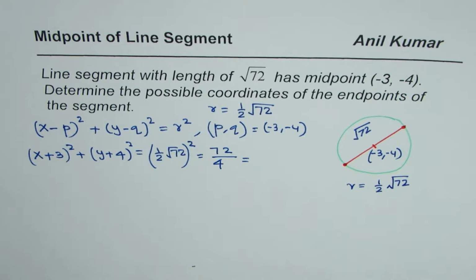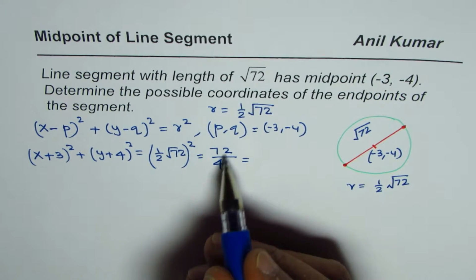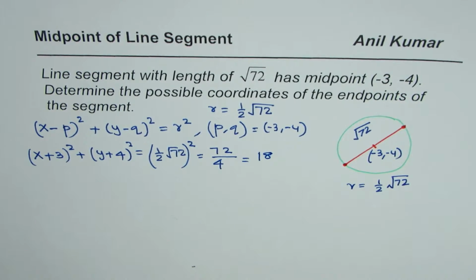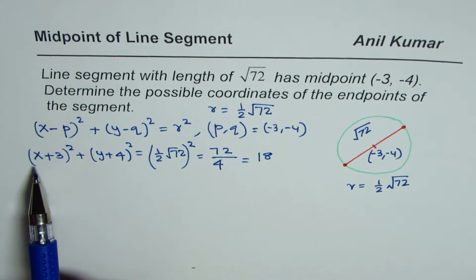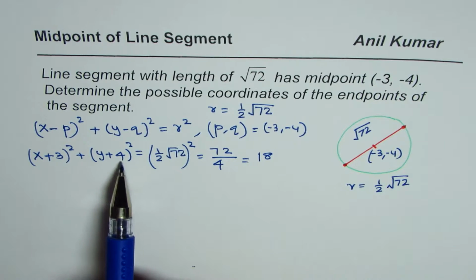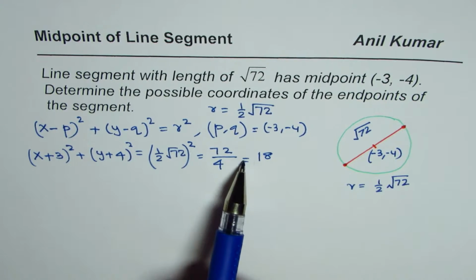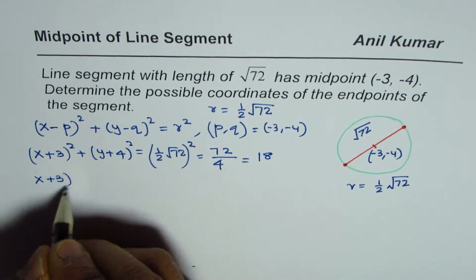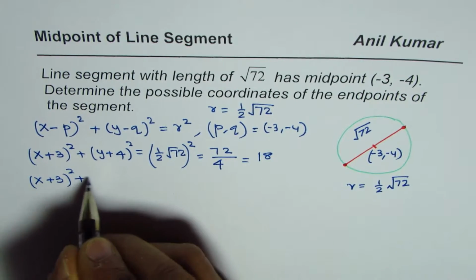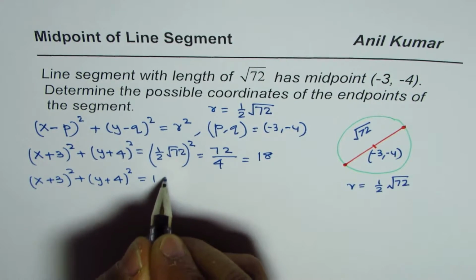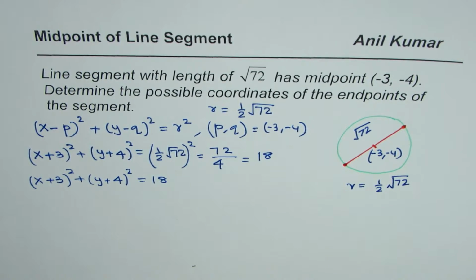Half of 72 is 36, half of 36 is 18. So basically we have the equation (x plus 3) whole square plus (y plus 4) whole square equals 18.